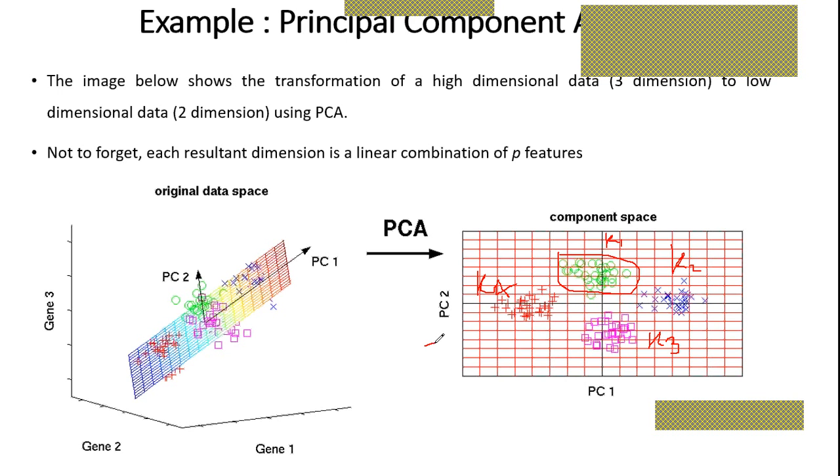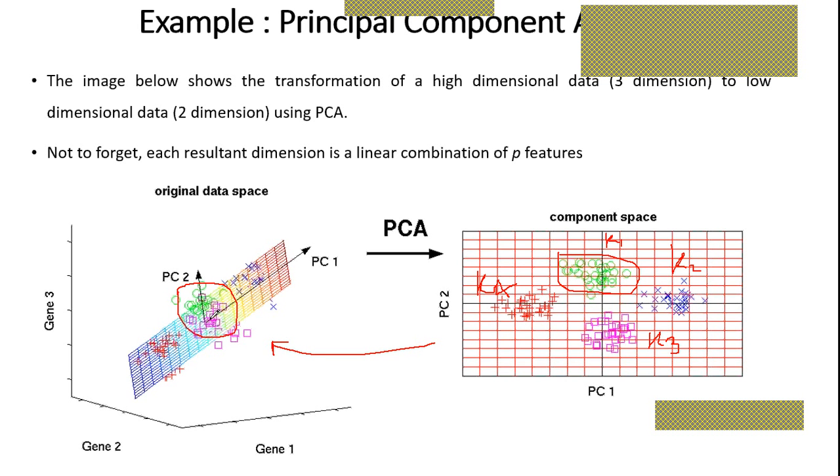As compared to this, it is very tedious to understand how we can differentiate between these two clusters, because you can easily see there is some problem between the green color and the purple color cluster. They are getting mixed.